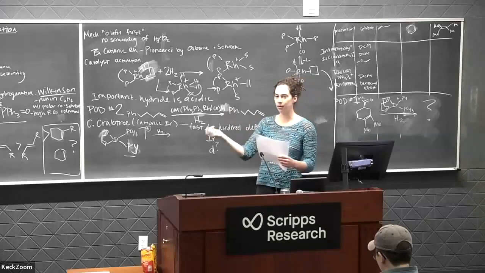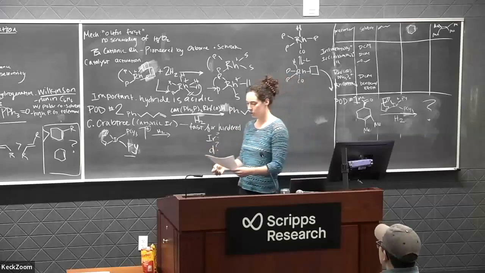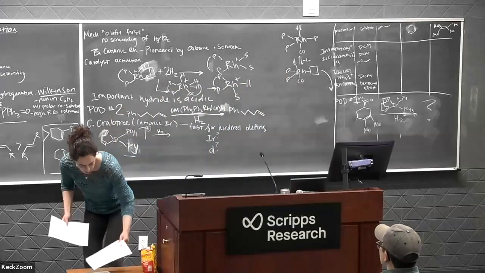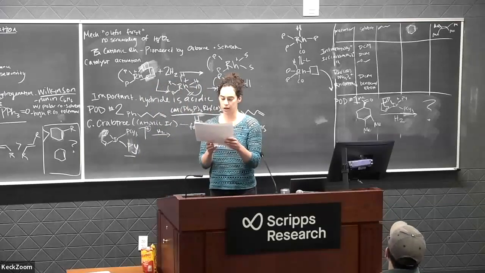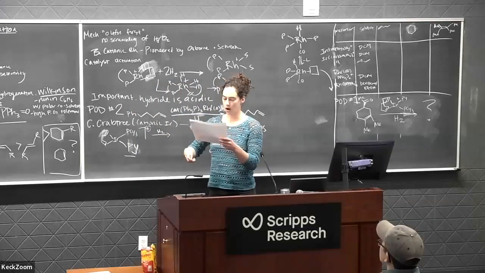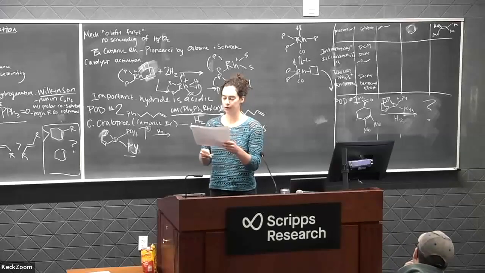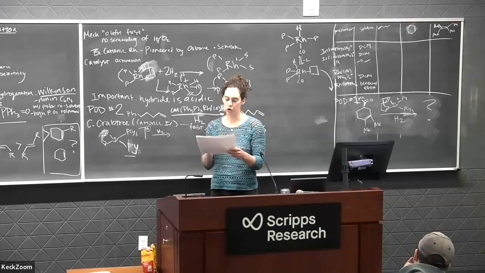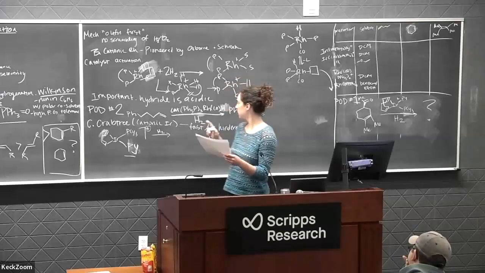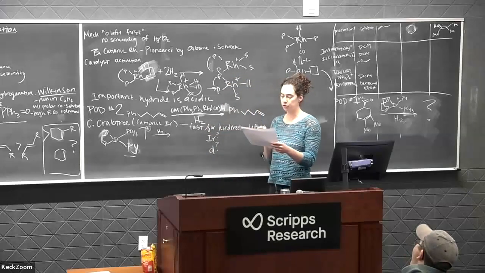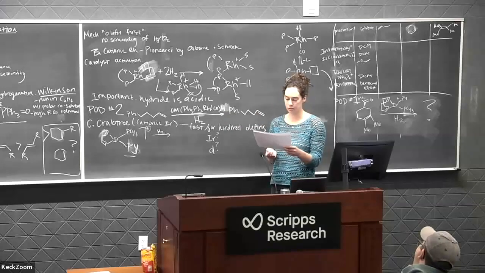And so problem of the day number 2 asks you: Wilkinson's catalyst, which is this one over here, tris(triphenylphosphine) rhodium chloride, effects hydrogenation of terminal and internal olefins. In contrast, this complex is highly selective for hydrogenating terminal olefins exclusively.